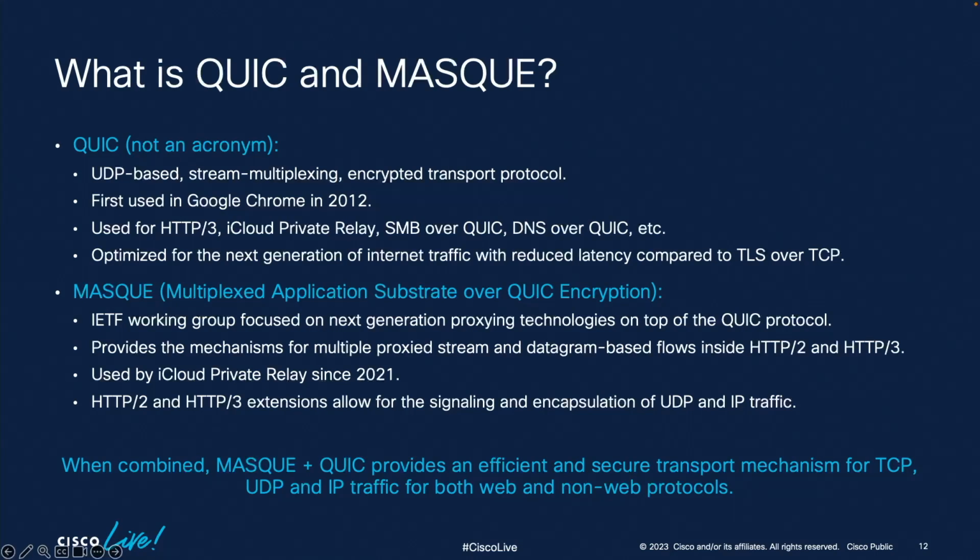Now, we've got that QUIC transport protocol, and now we also have MASQUE, which, coupled with QUIC, gives you the ability to do an efficient tunneling of this QUIC traffic inside HTTP/3.